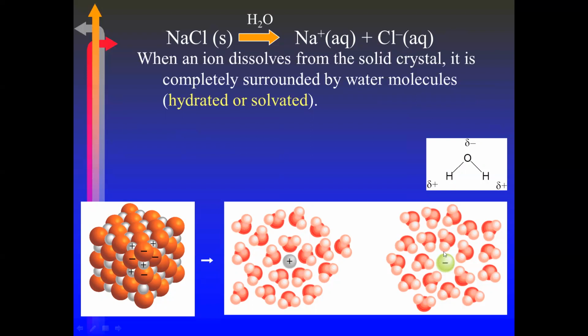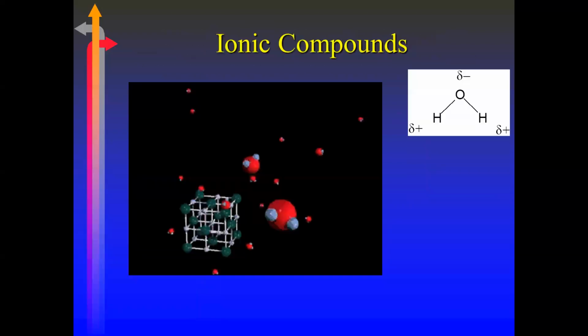For the negative ions, the hydrogen, the electron-poor part, will point to this negatively charged ion. This makes water a very good solvent for ionic compounds, because the water molecules can keep the ions in solution very stable, not recombining and forming a precipitate. We'll talk about it later.